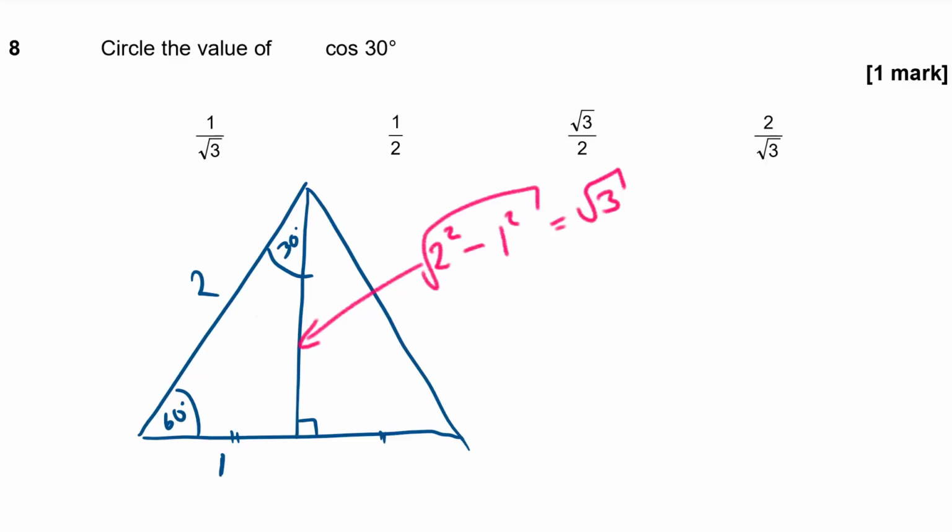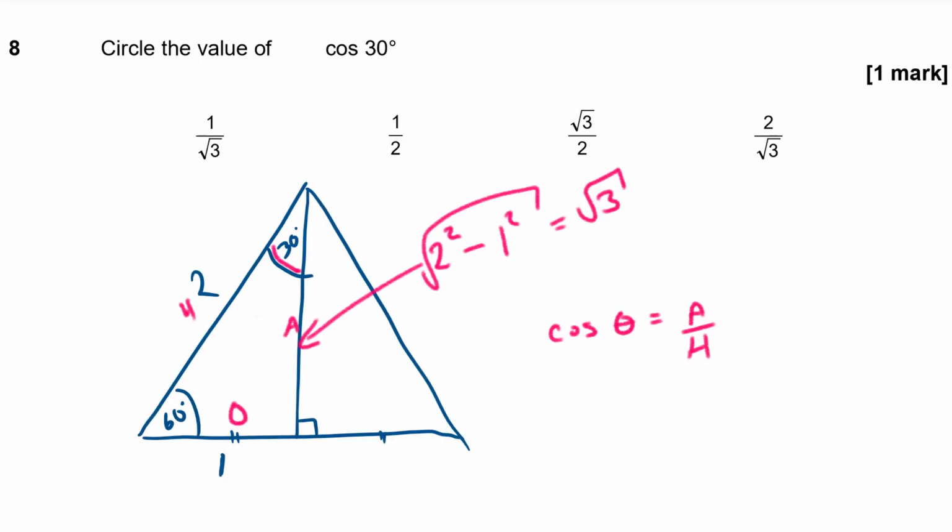Okay. So using our knowledge of trigonometry, I want to know the cosine of this 30-degree angle here. Now, the cosine of an angle is equal to the adjacent over the hypotenuse. So from the 30-degree angle, this is the opposite, this is the adjacent, and this is the hypotenuse.